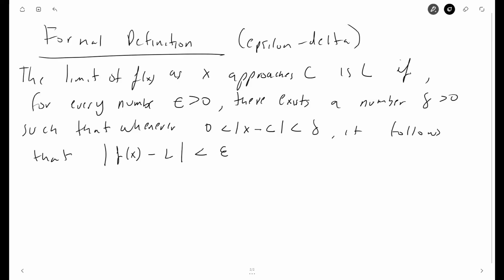So now I'm going to give you 3 examples to see how the definition works. So example 1, we need to find the limit as x approaches 3 of 2x.